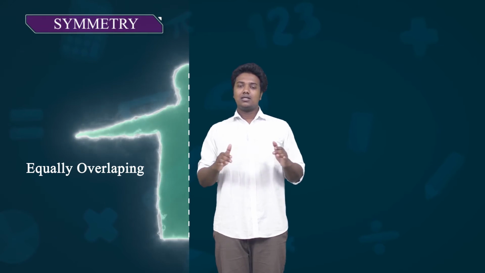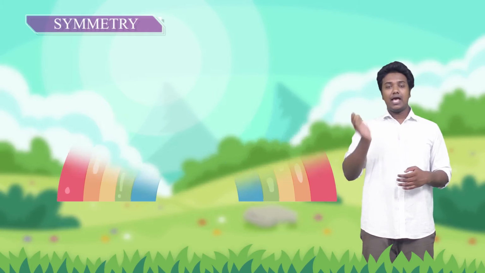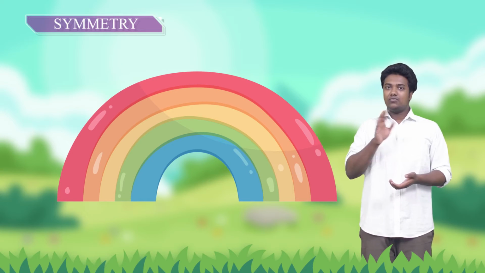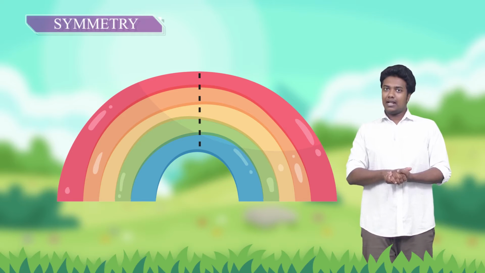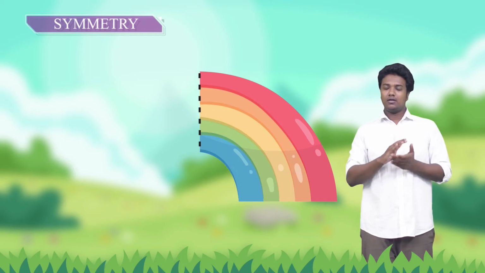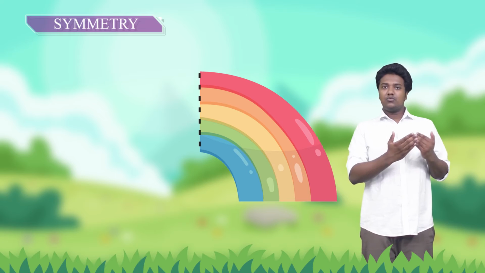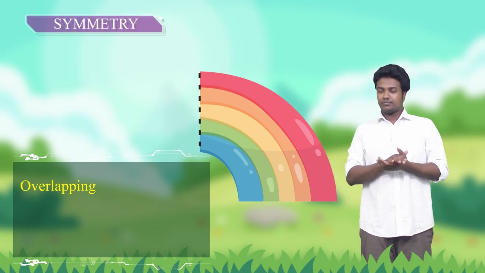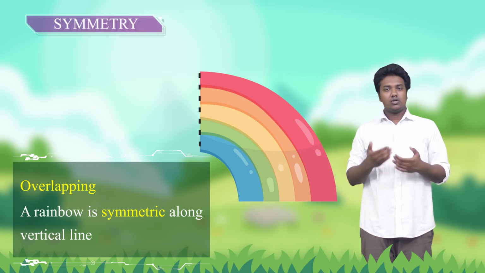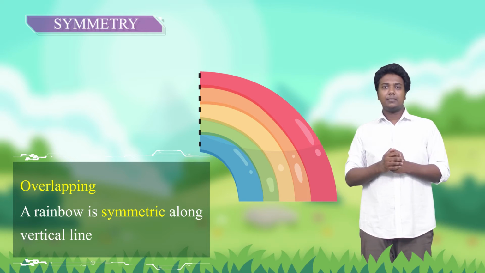Now, let us consider a rainbow. For this rainbow, if you draw a vertical line and flip it, then the two figures overlap, right? So a rainbow is also a symmetric shape.